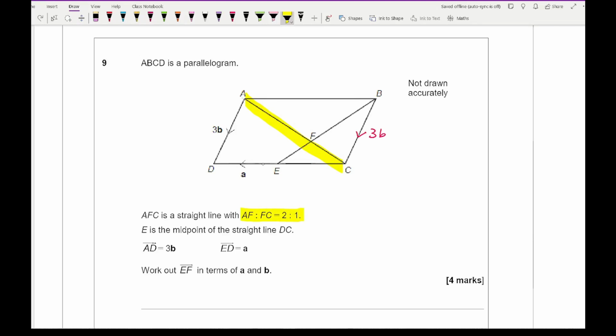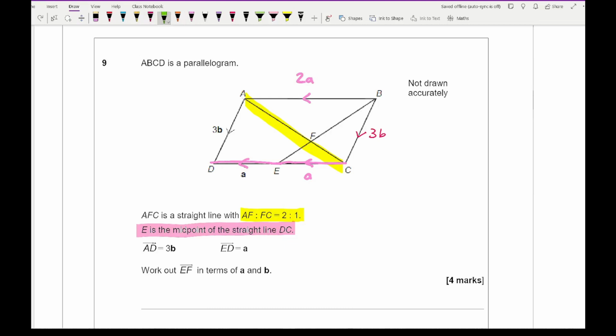Now it also says that A to D is 3B and E to D is A. Now if E is the midpoint, so using this bit of information here, if this going from E to D is A, then C to E is also going to be A, which means that B to A is going to be 2A. So then from this, we want to work out what A to C is.